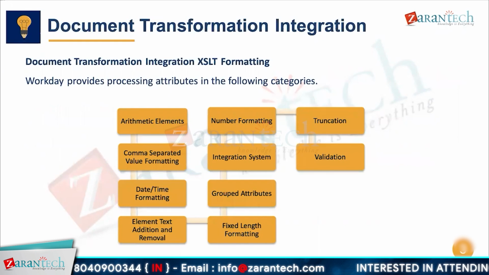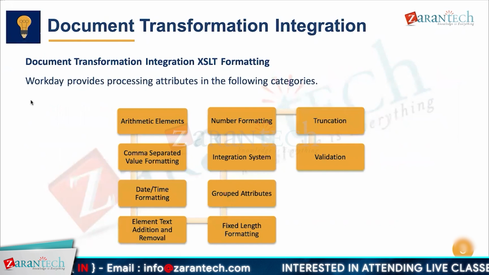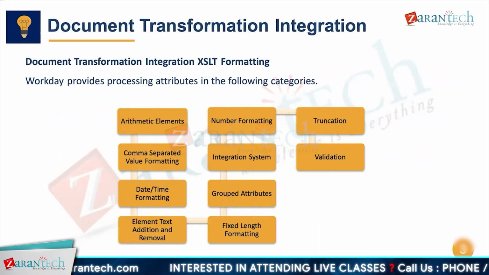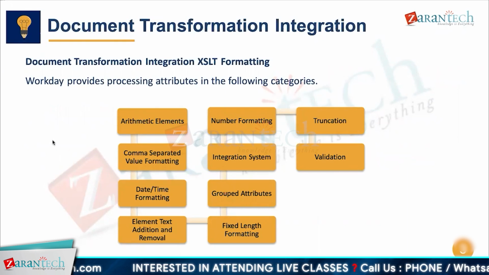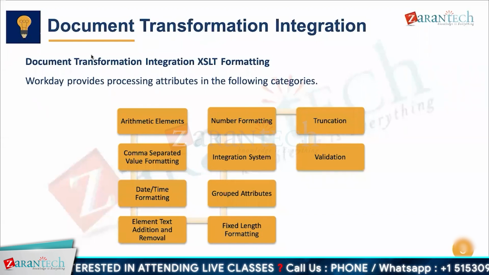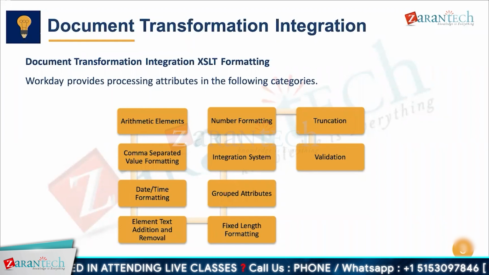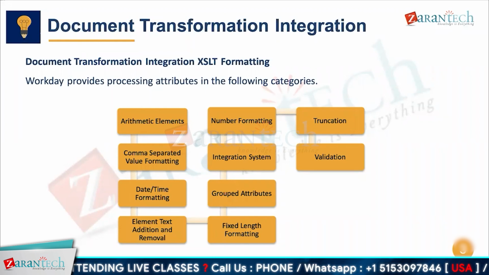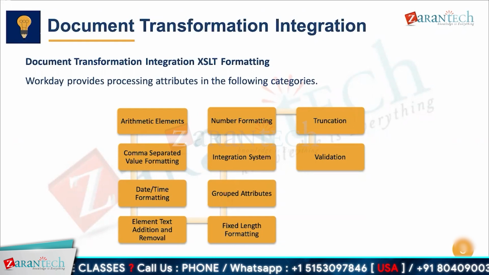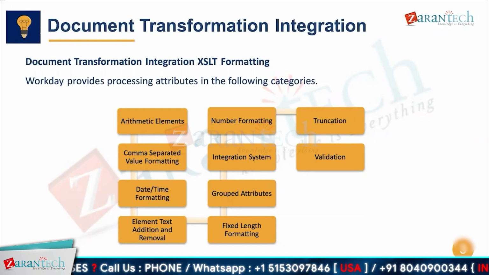So these are some of the examples of formatting, where there are different attributes or categorizations of attributes. We can define that the data should be transformed in a specific format, such as comma separated value, or date and time format.